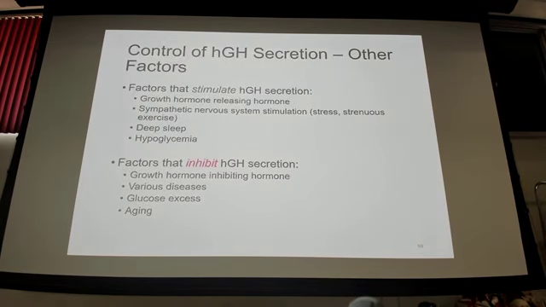And then other factors, this is a redundant slide, honestly, because we've already talked about this, that stimulate HGH secretion, obviously the releasing hormone. Exercise, we need to rebuild, right? We need to regenerate. The deep NREM sleep and hypoglycemic states. And then the only weird one here that we haven't really discussed too much is aging. It's going to be more at the end here.